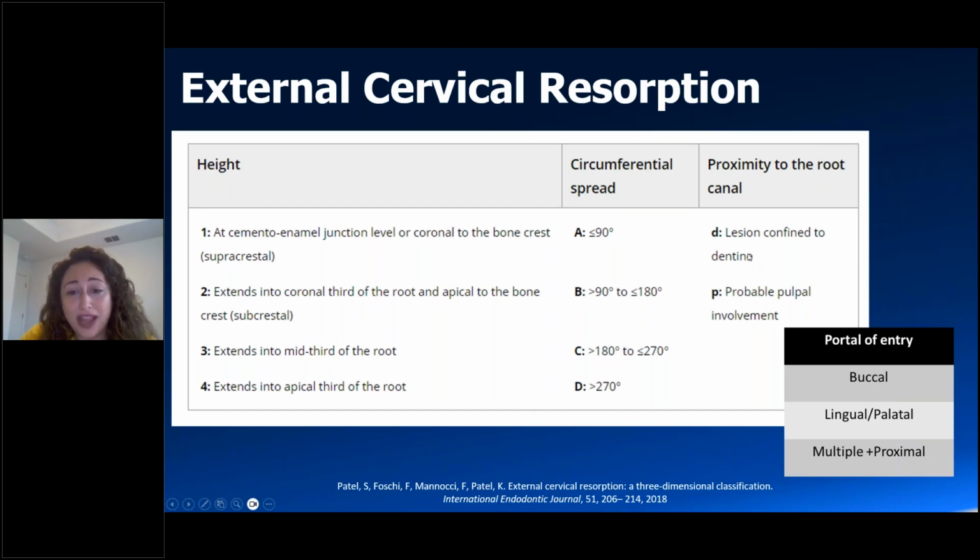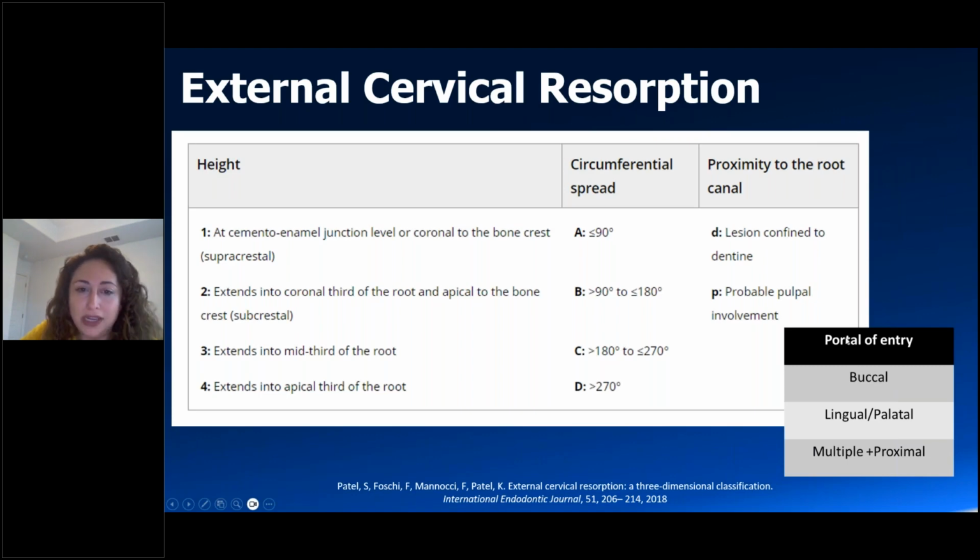Those are all very important. But if you look at the article's name, it's a three-dimensional descriptive classification. So this is the first part of classifying this type of root resorption, but it doesn't correlate with treatment.